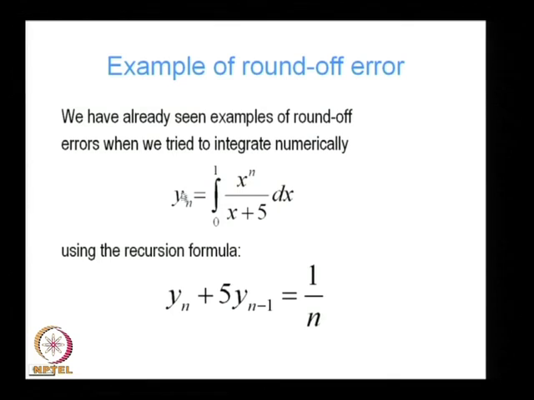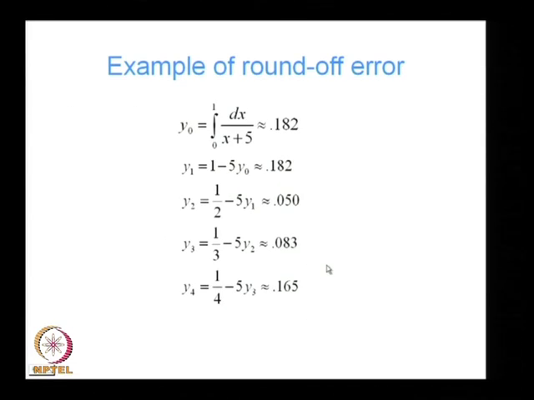When we tried to evaluate this integral for various values of n using the recursion formula yn plus 5 yn minus 1 is equal to 1 by n in our first lecture, we found that the inherent instability of this numerical algorithm led to accumulation of the round off errors, and very quickly, maybe even after just 5 iterations, we were getting results which had no relationship with reality.